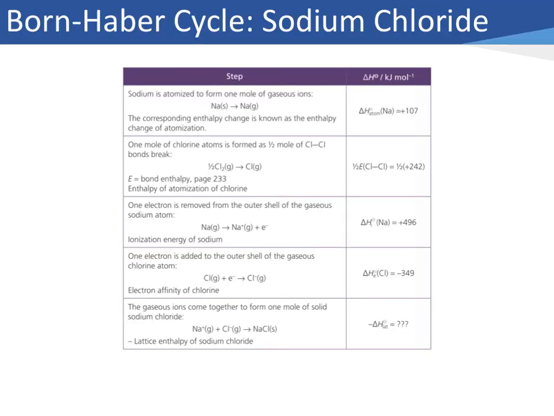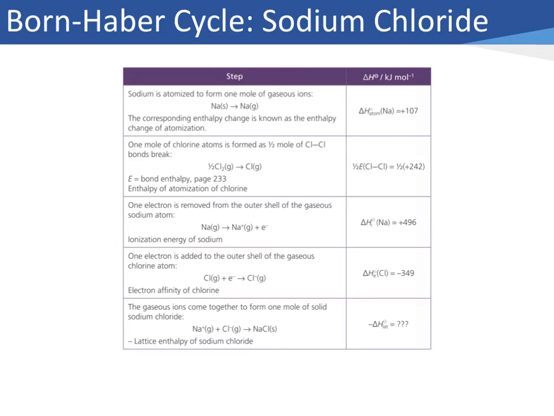This is a diagram from your textbook that gives us an outline of the process from a slightly different perspective. It labels the steps: atomization for the sodium, bond energy for the chlorine, ionization energy for the sodium, electron affinity for the chlorine, and how you can relate that to the lattice enthalpy.